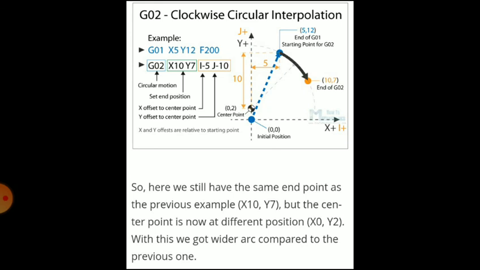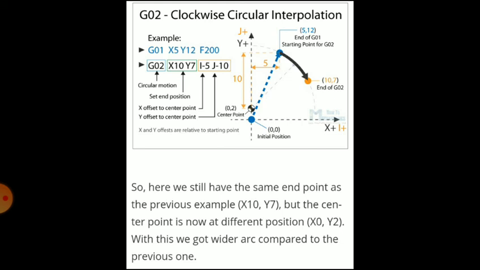So you can see here, after moving the tool from the initial position, that is 0,0, to the end of G01, that is 5,12, a rapid travel or machining operation is carried out from G00 to points 0,0, that is the initial position, and to the end of G01, that is 5,12.